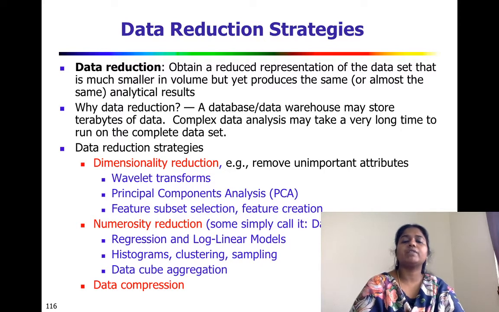Till here we have seen in the previous session. Now we are going to see how we can reduce the numerosity of the data that we have, and how we can still reduce the volume of data that we have obtained. So methods such as numerosity reduction and data compression are used for reducing the volume further.